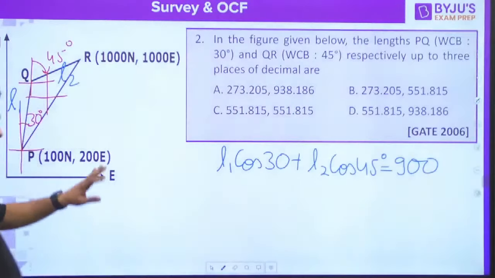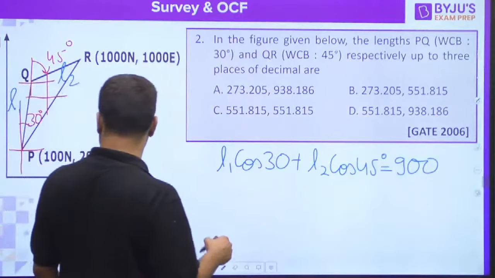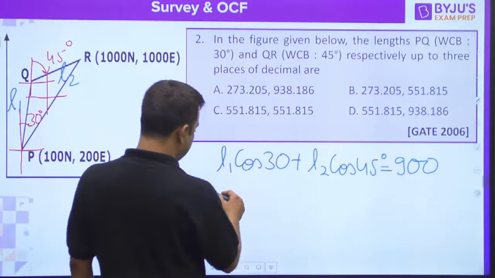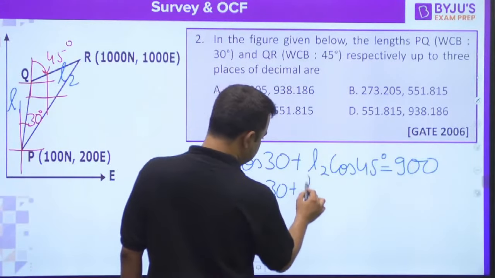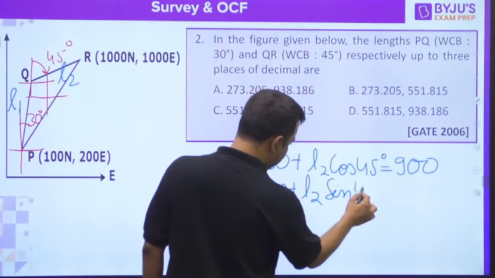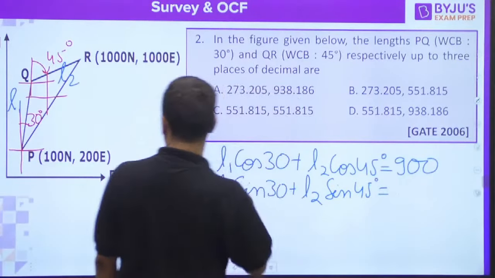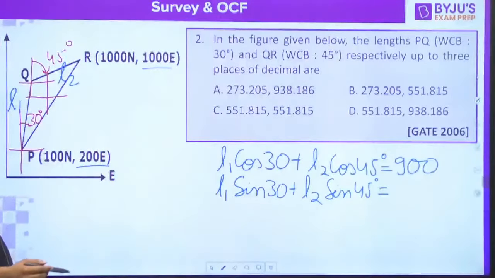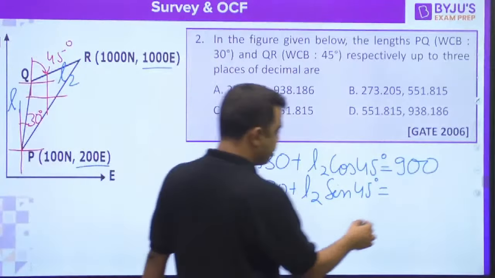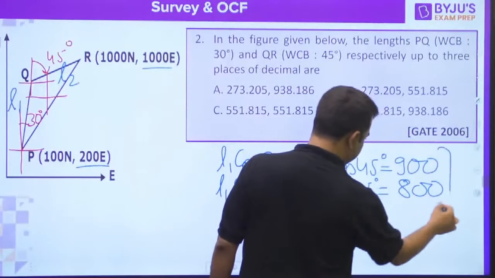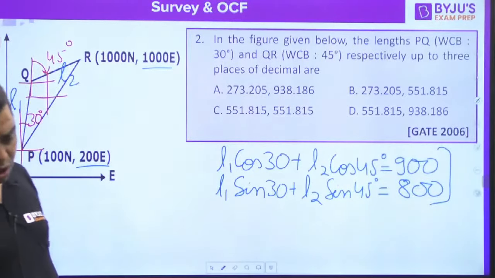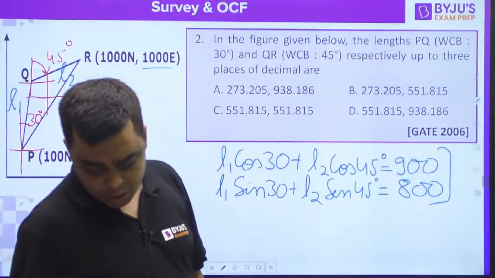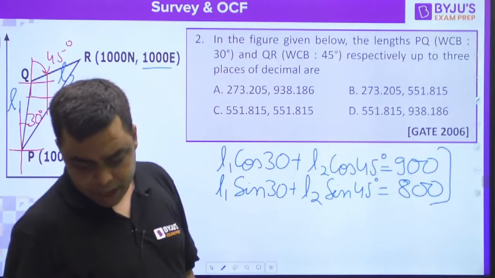Similarly, we can also write the departure: L1 sin 30 plus L2 sin 45 degree is equal to 1000 easting minus 200 easting, so it will be 800. Now we can solve this with the help of a calculator, and after solving we will get the values of L1 and L2.